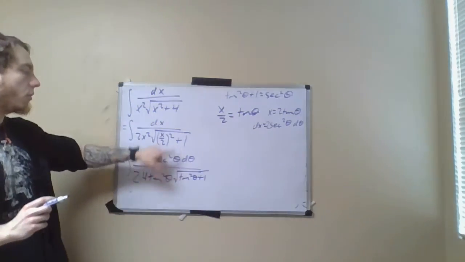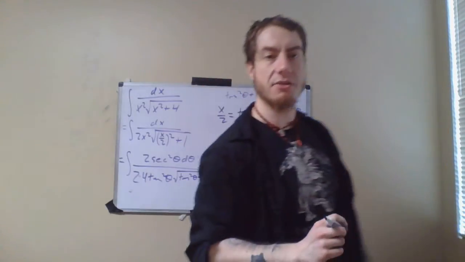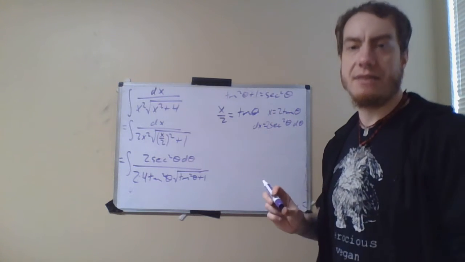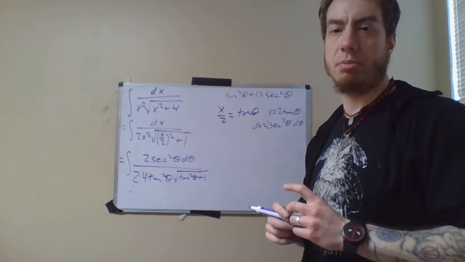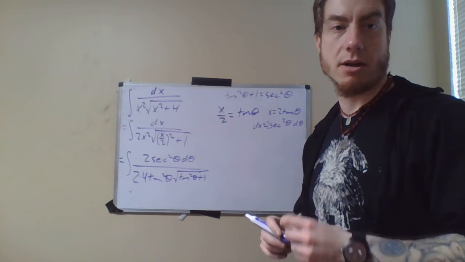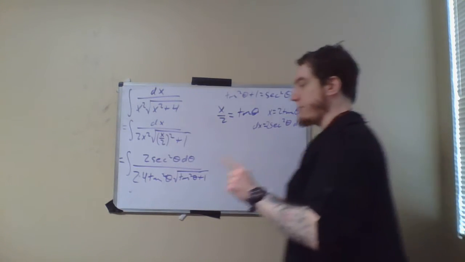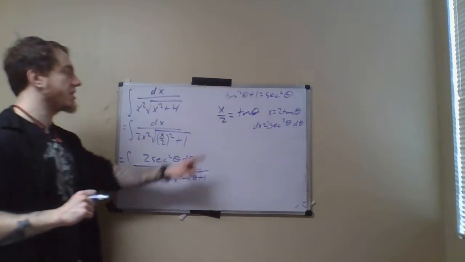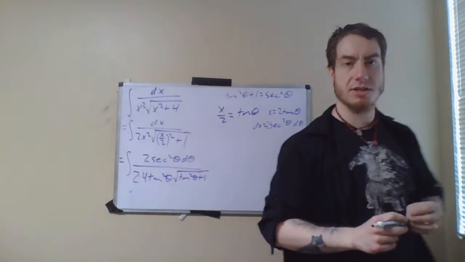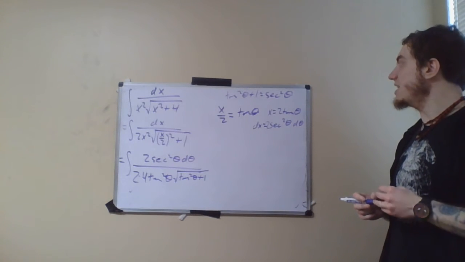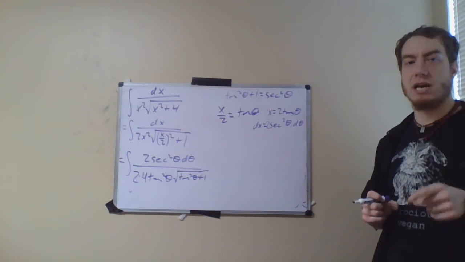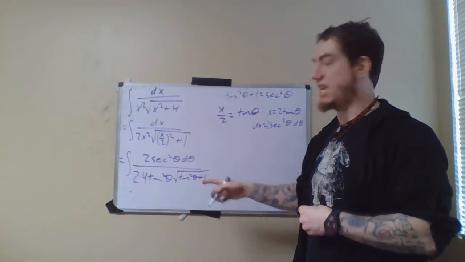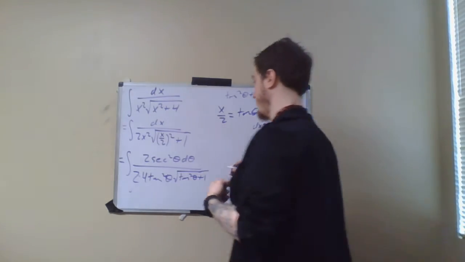Remember, that was my whole goal, to get the stuff inside the square root to be tan squared theta plus 1, because at this point we can go ahead and replace that with a secant squared. And once again, you have to think a little bit about the signs here, but the signs work out in this case, because think about the range of arctangent. The secant, which is 1 over cosine, is going to be positive here. So the absolute value of secant is actually just secant here.